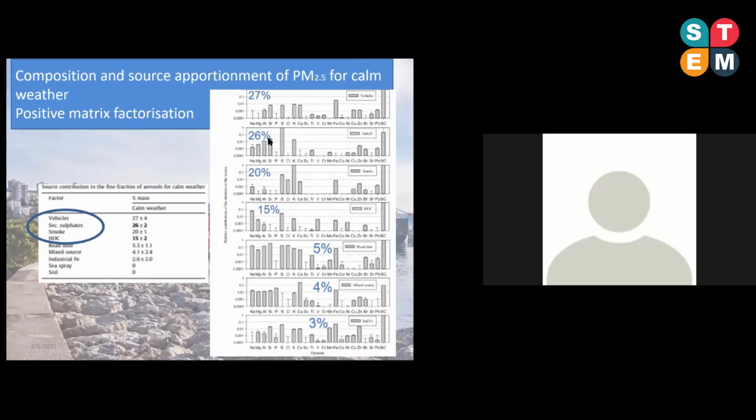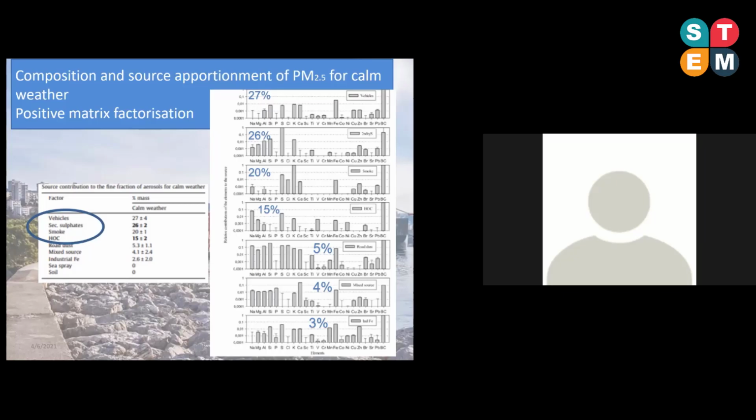Factor 2, secondary sulfates. Sulfur dominates this factor with 93% of its total measured elemental concentration. Fine particulate sulfur is generally produced by conversion of SO2 gas into the sulfate particulate phase in the presence of sunlight and water vapor.